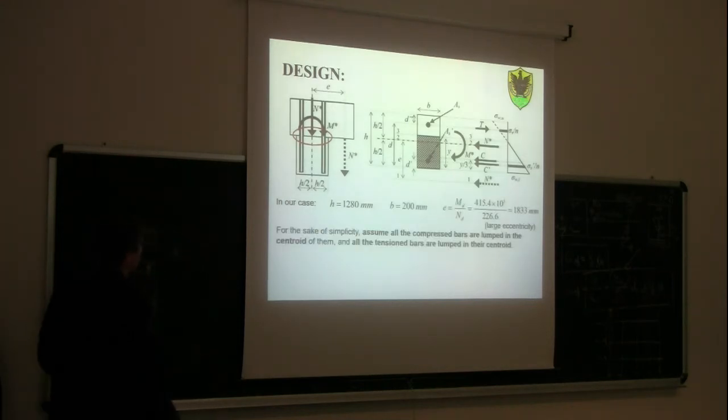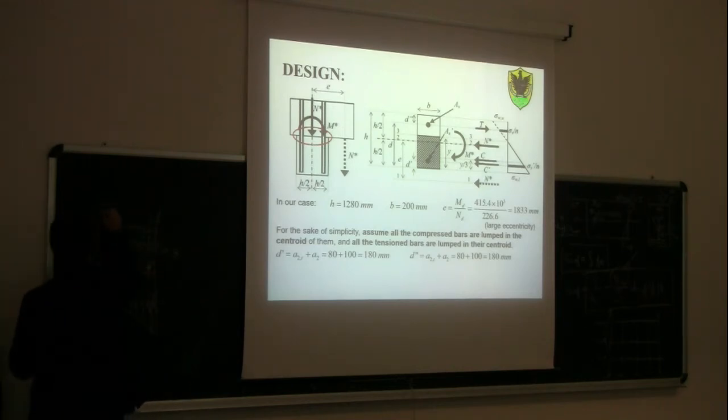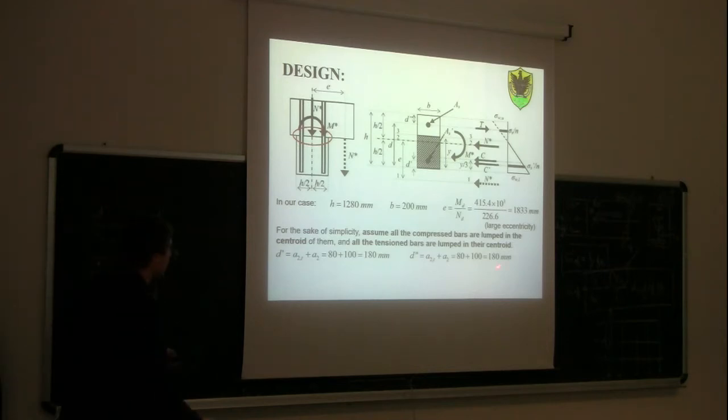D prime, this is D prime. This is A2 and A2T. So D prime is A2T plus A2, so 180 millimeter. D second, same thing, A2T plus A2, 180 millimeter.